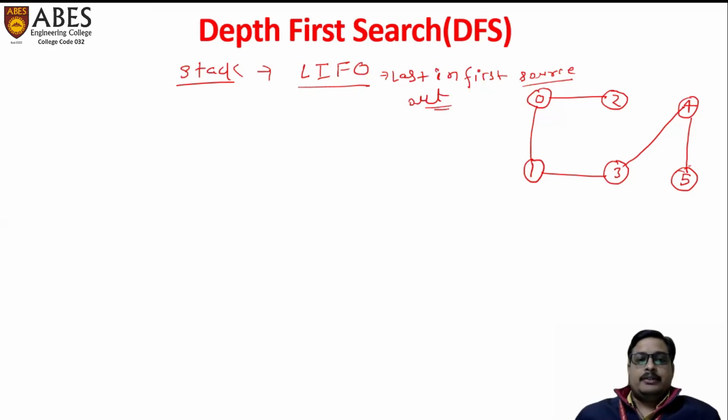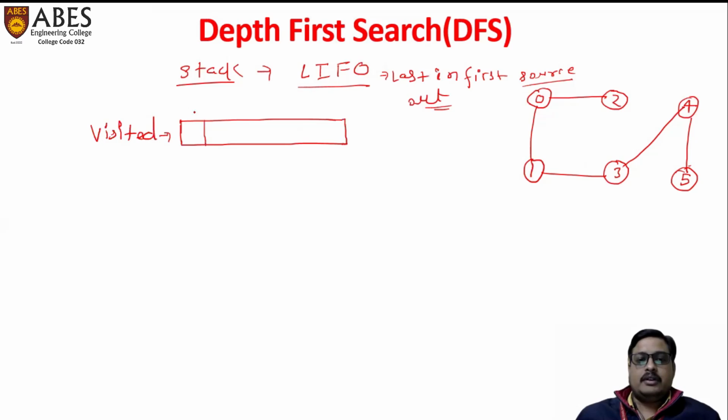Okay. So whenever we begin with the algorithm, first of all, we'll create an array, which is the visited array. The size of the visited array will be the number of vertices in the graph. So here we have 0, 1, 2, 3, 4, 5, 6 vertices in this graph.